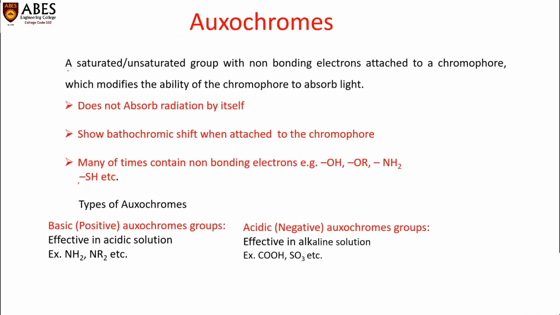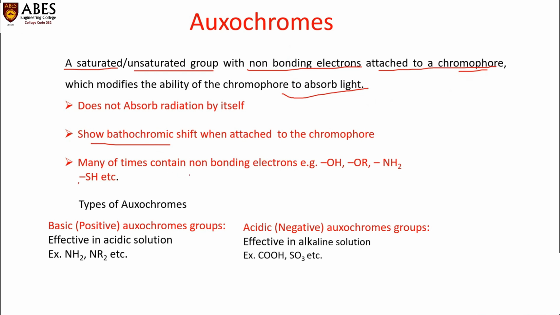Now, auxochromes are saturated or unsaturated groups with non-bonding electrons attached to a chromophore, which modify the ability of the chromophore to absorb light. That means an auxochrome individually does not absorb any UV visible radiation, but when attached to a chromophore, the chromophore shows a bathochromic shift.